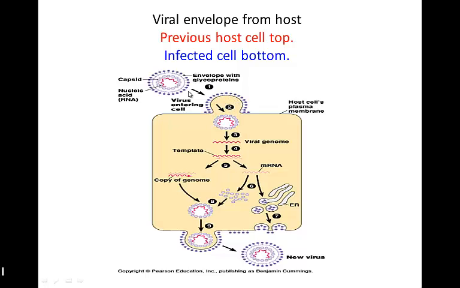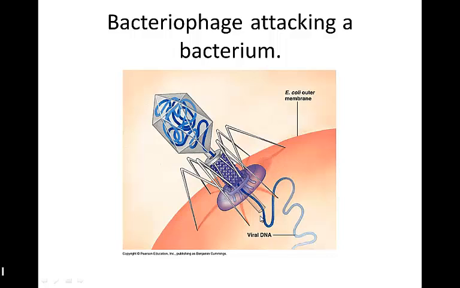It attaches and injects the capsid with the DNA or RNA inside of it, and this becomes the viral genome. That comes in, serves as a template, and starts replicating inside that host. And then once it replicates, it's going to burst out of that host cell, and now it's created multiple new viruses as a result.